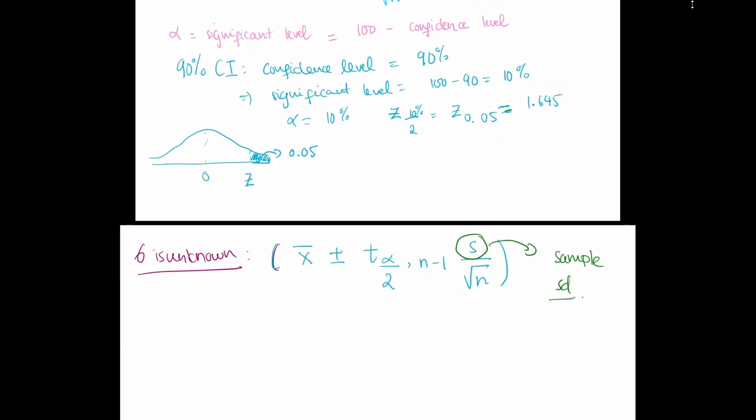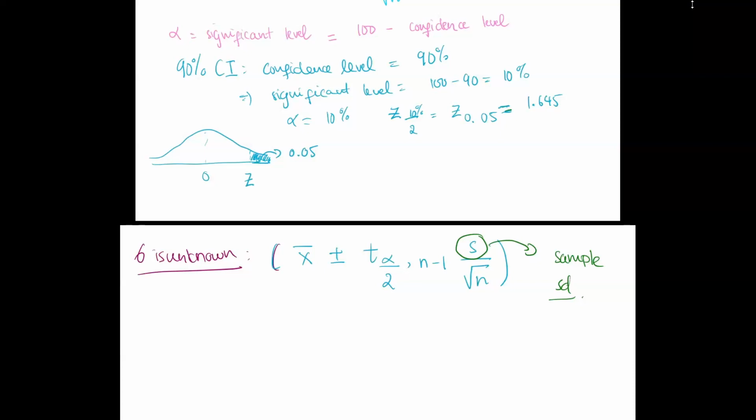Because if you have a sample and you calculated the mean, you should be able to figure out the sample standard deviation as well, right? So in case you don't know the population standard deviation, which is most of the time unknown, then you will have to use this t distribution.